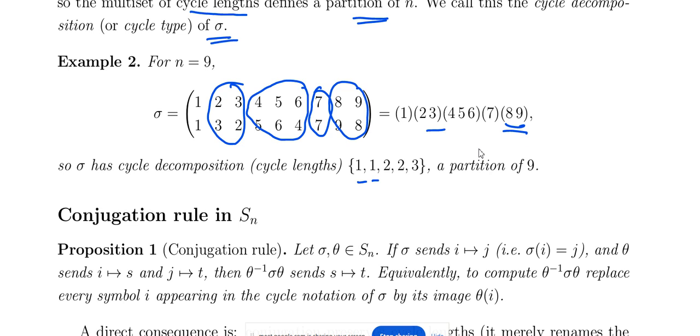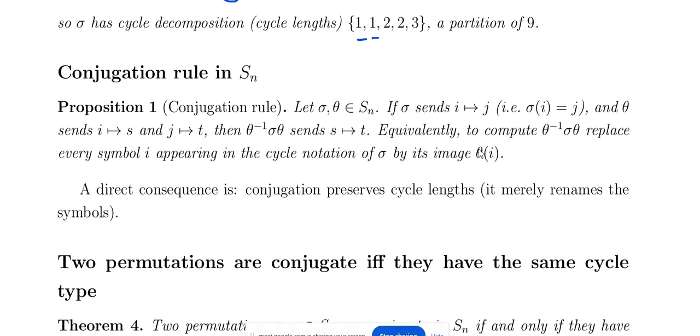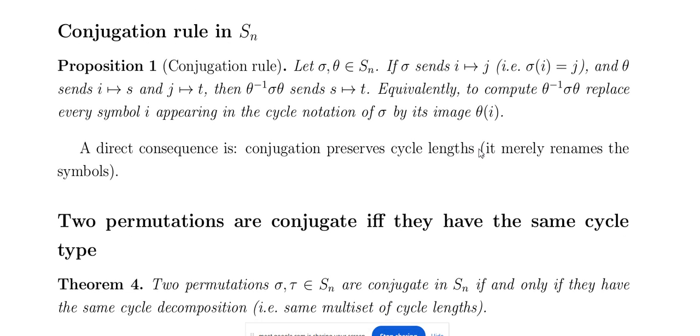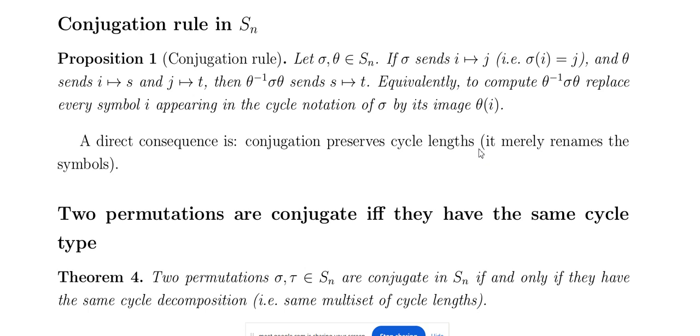This is a partition of 9, okay. இது எல்லாத்தையும் ஆட் பண்ணீங்கன்னா that is 2 plus 2 is 4, 4 plus 3 is 7, 7 plus 1 is 8, 8 plus 1 is 9, that is equivalent to the number of elements in S9. Sn is a symmetric group generated by that number set, that is a 9 element set.